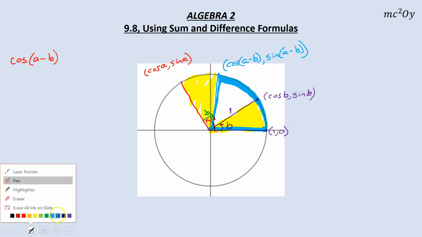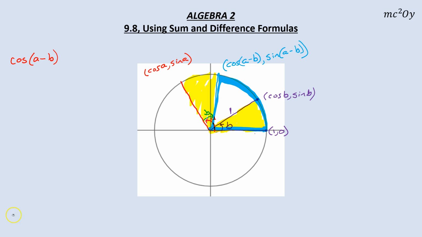Let me get to a pen. Okay, I'm finding this length right here. This is cos A and cos B. Okay, so that would be the same distance. So this distance right here, we'll call that, say, distance number 1.